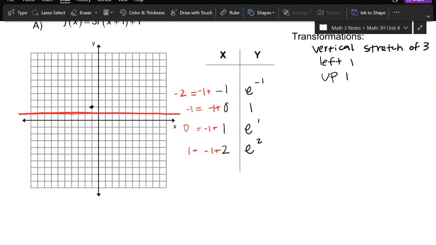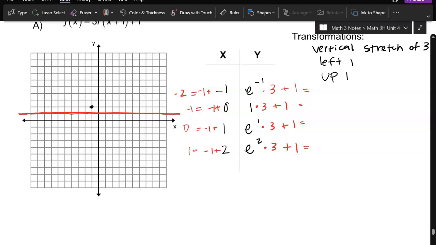All right, here we're going to be a vertical stretch of 3 and then up 1. So times by 3 and then add 1, times by 3 and then add 1, times by 3 and then add 1. All right, so let's do these in our calculator.